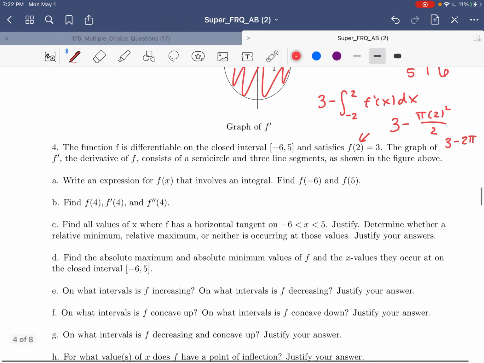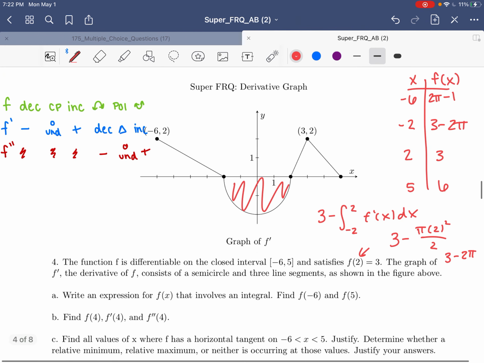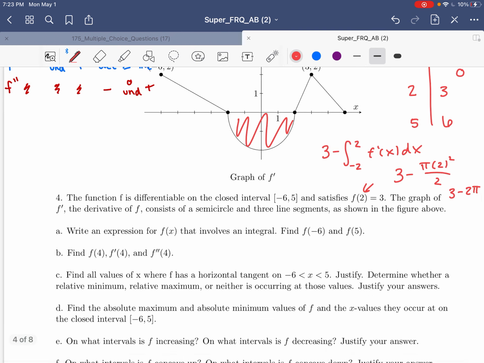And then I'm looking for an absolute max and an absolute min. So I just need to figure out where is this the smallest value and where is this going to be the biggest value. So we have 2 pi minus 1. So that's basically, let's say pi is 3-ish. So that's, let's say 6 minus 1. That's going to be about 5. 3 minus, let's say 3-ish, is about 0. And then we have negative 3 and 6.